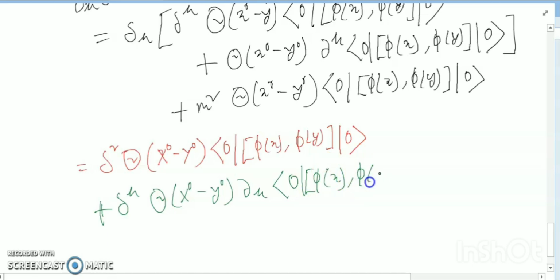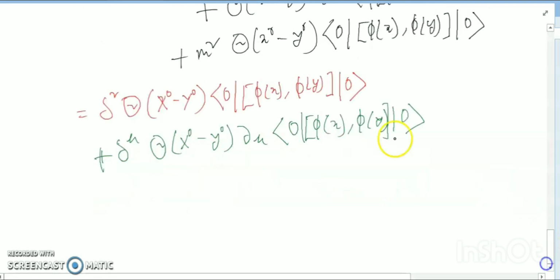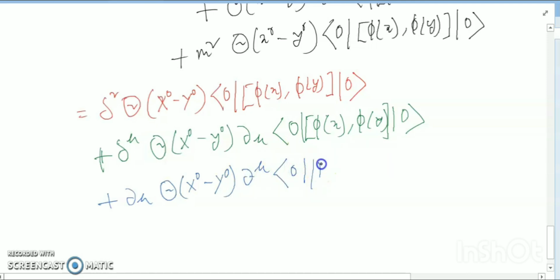And now again I do del mu capital theta x0 minus y0 into del mu of the vacuum sandwich phi x comma phi y into 0.